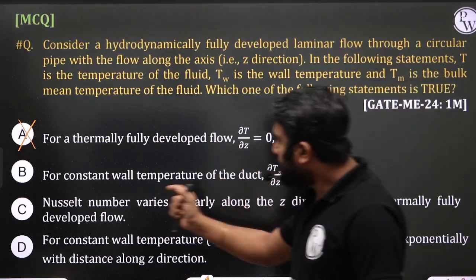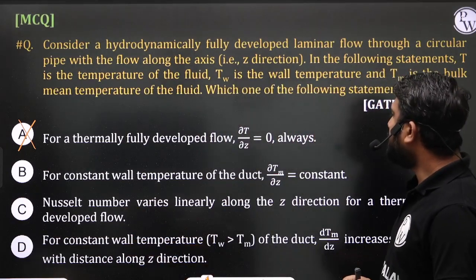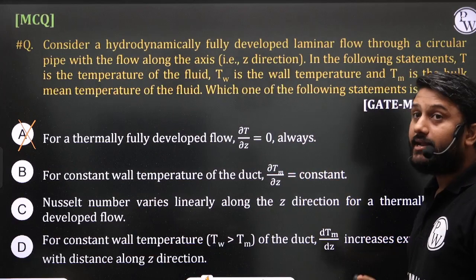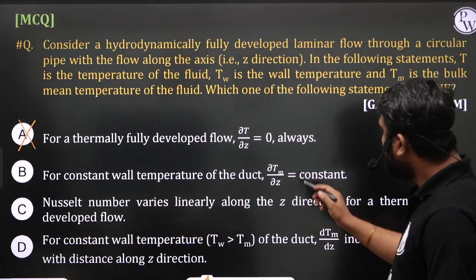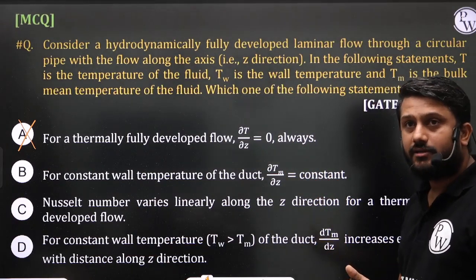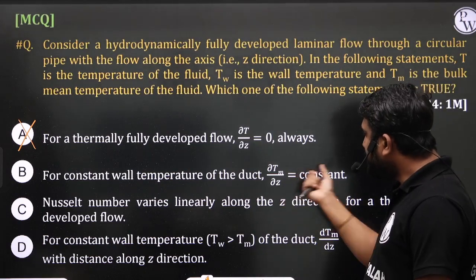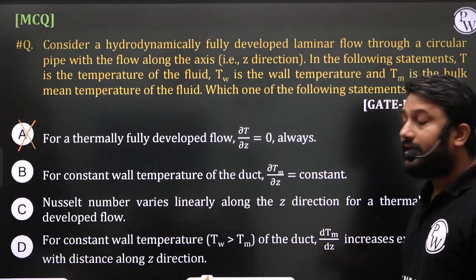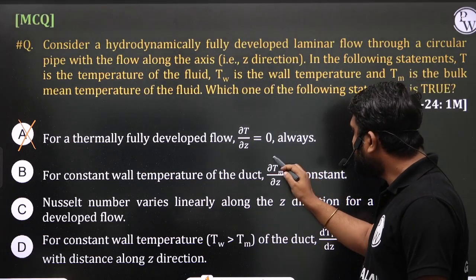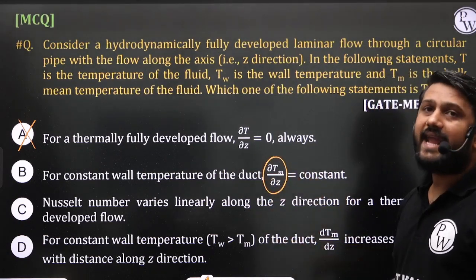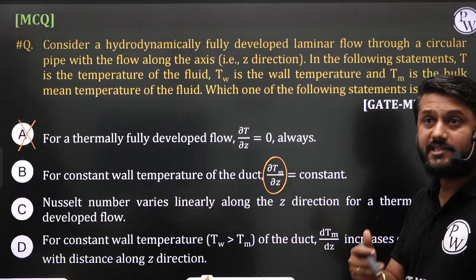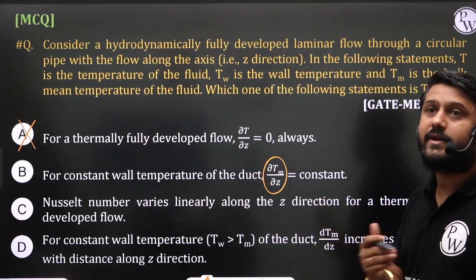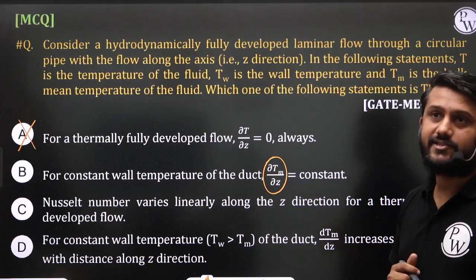Option B says, for constant wall temperature of the duct, del Tm by del Z is equal to constant. Tm is the bulk mean temperature. So option B says, in the Z direction, Tm variation with respect to Z is a linear variation.